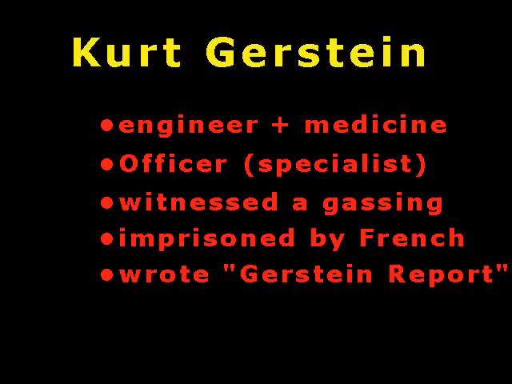Gerstein's report is important because it is essential for the validity of the Belzec story. Here's why. The Belzec camp has 600,000 deaths attributed to it, a significant portion of the whole Holocaust. But the eyewitness evidence falls largely on only 3 people.